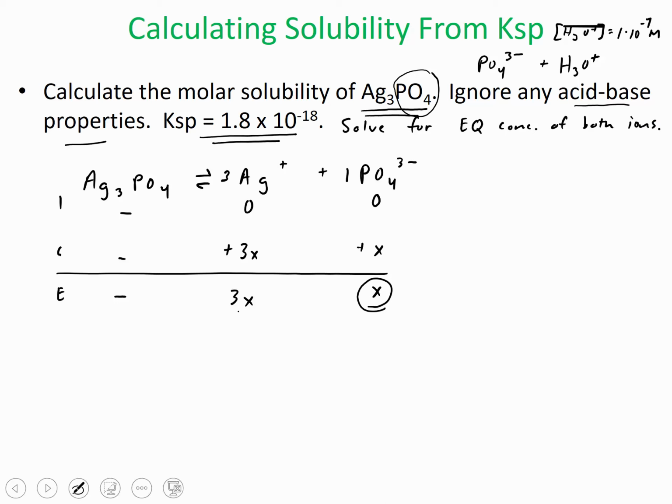Okay, once I know x, then I just multiply it by 3, and then I'll have my Ag concentration at equilibrium. So I'll write 1.8 times 10 to the negative 18th equals Ag plus cubed times the phosphate ion.